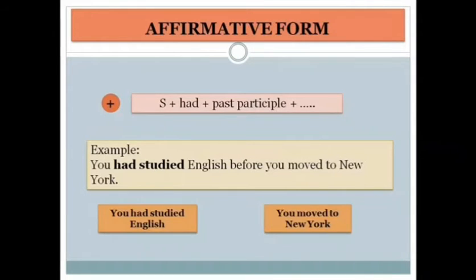Since we talk about events that happen before another event, the two past events in this sentence are: you had studied English and you moved to New York. So, you had studied English is our past perfect. That's why our sentence is: you had studied English before you moved to New York.